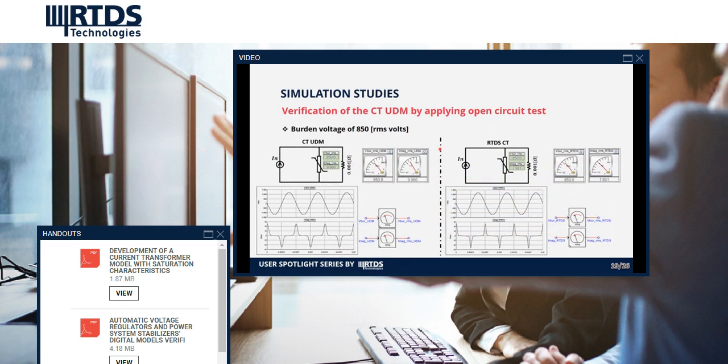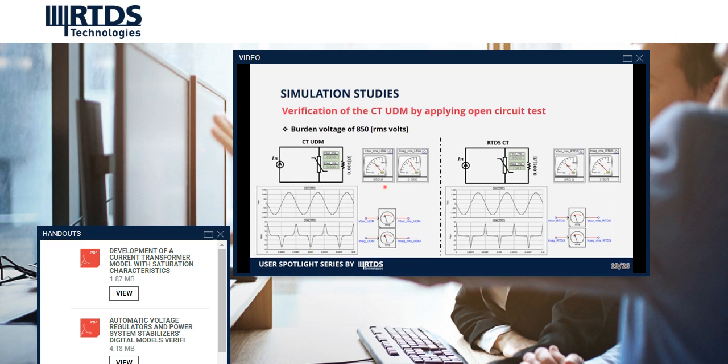This is the result. The last point of the VRMS-IRMS data used in both models is the RMS current of 9.98 ampere at 850 RMS volts. The left and right figures are the results of CT-UDM and the RTDS CT model respectively. The figure below the circuit shows the burden voltage and the magnetizing inductance branch current.